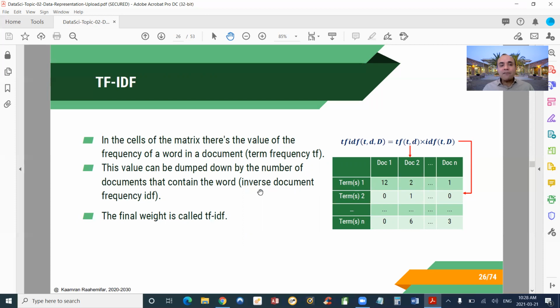The inverse document frequency, IDF, is going to be based on the number of documents that contain the word. So if you take a look at this one, for example, I seem to have 25 documents. I wrote 25 love letters to my partner in life, okay?